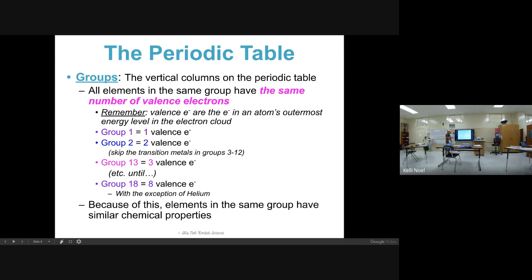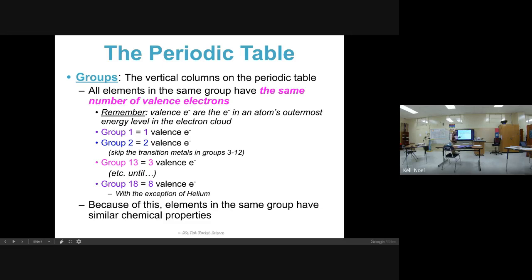So group 1, so on yours, that would be 1A, has one valence electron. 2A has two valence electrons. We skip the middle section that has all the B's, and on yours it has 3A, but on some it's 13.